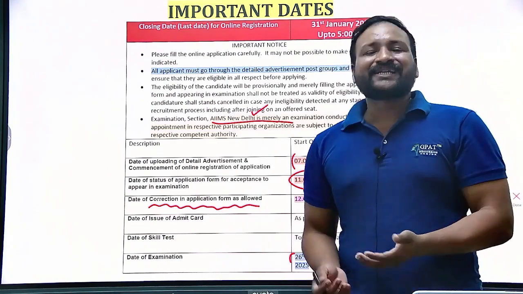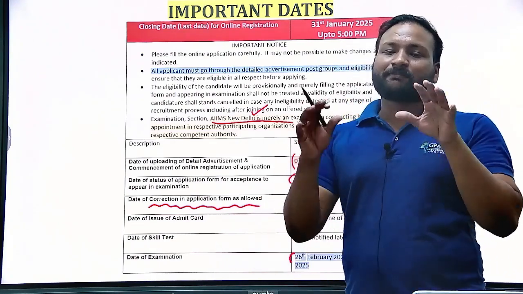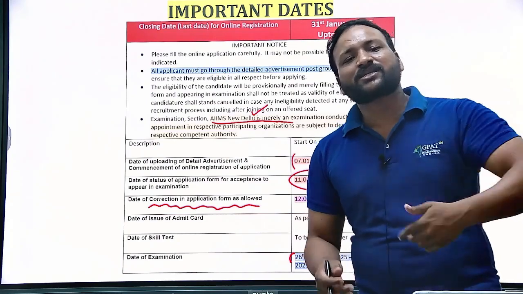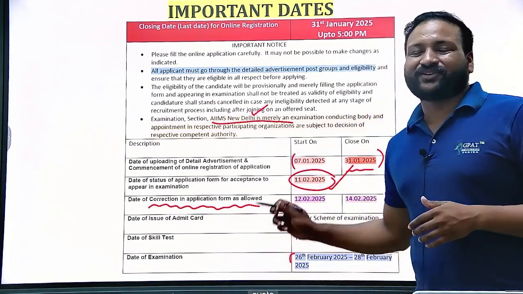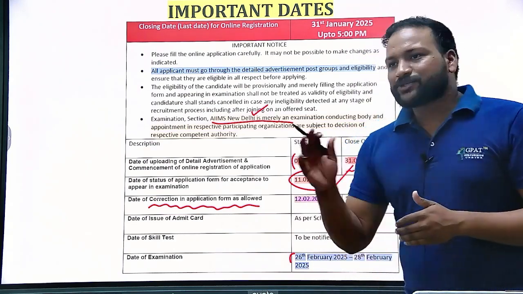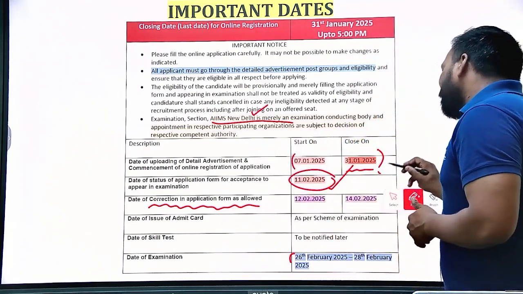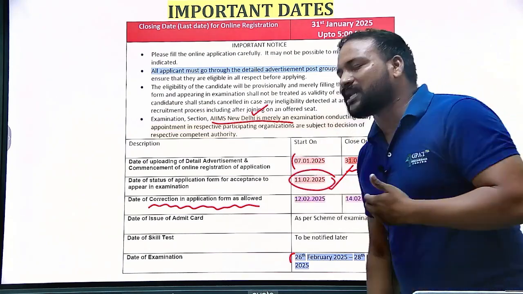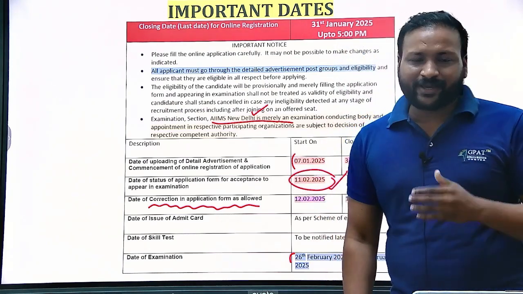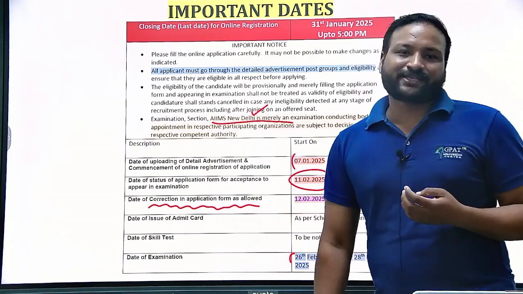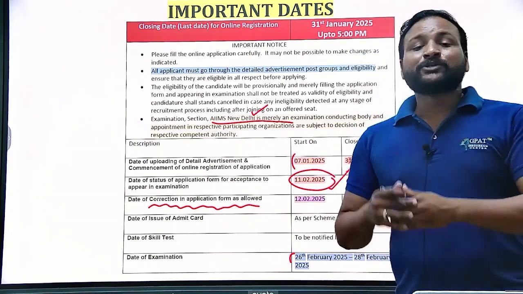If you have made any mistakes in your application unknowingly or accidentally, in such cases you need to wait for this date to make such corrections in your application. So first of all you need to complete your registration by the 31st of this month. Then you need to look at 11th February to check your application acceptance by the respective body.